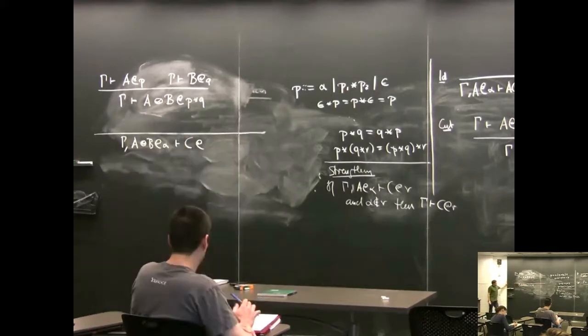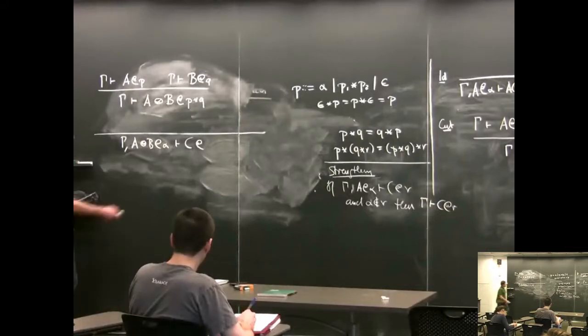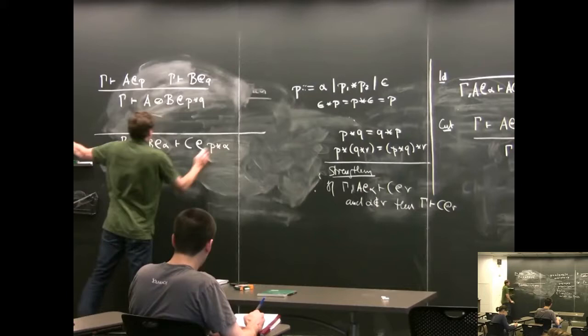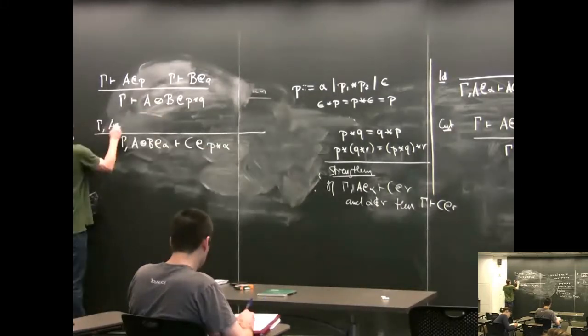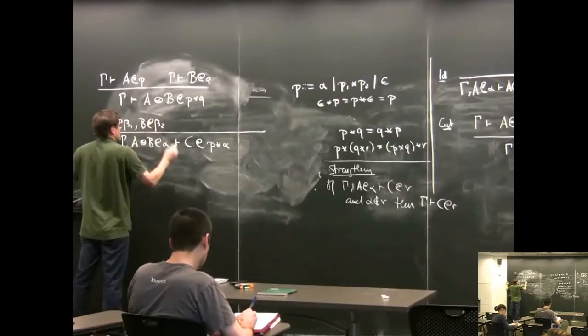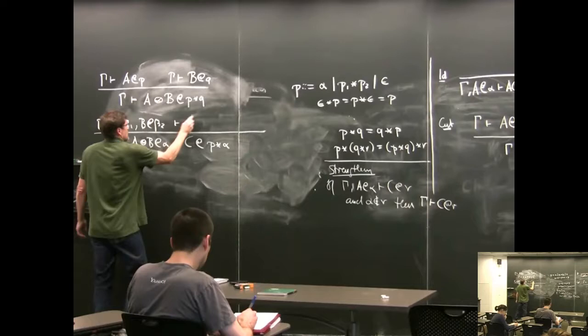Okay, how do we do that? P star alpha. Gamma, A is beta 1, B is beta 2, U, C, and P top star beta 1.